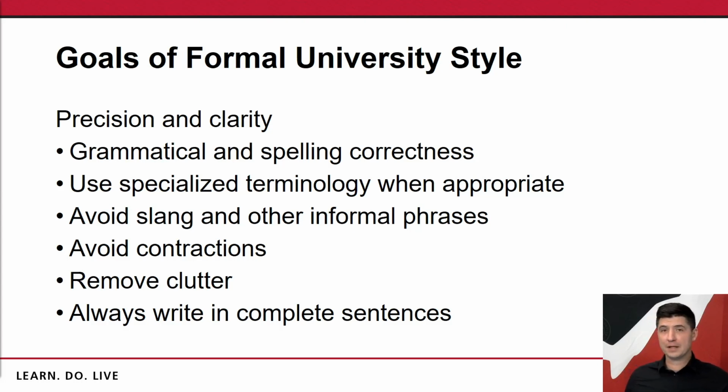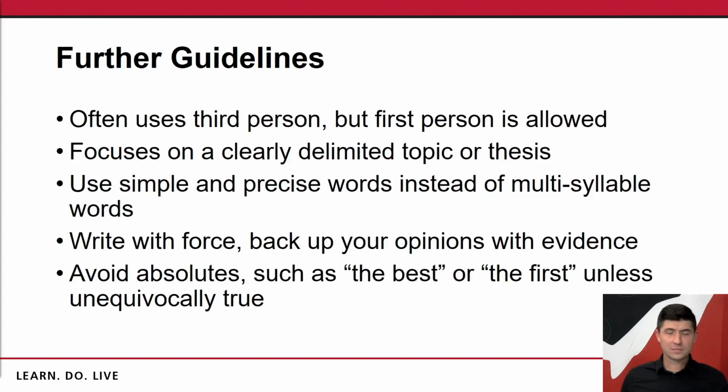And finally, to keep in mind, you want to always write in complete sentences. And this means always having a subject and a verb and not having dependent clauses only in a sentence. You always want to make sure there is a complete sentence. A couple further guidelines to keep in mind. Now, in the past, formal university style had always been in the third person.